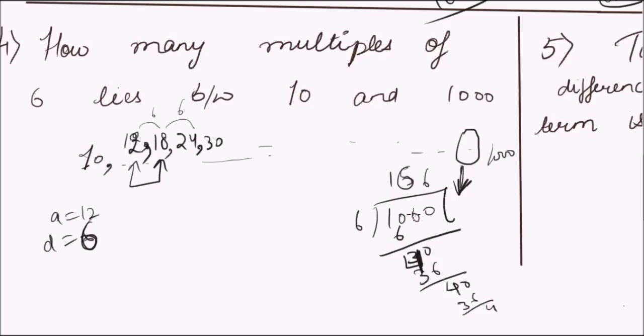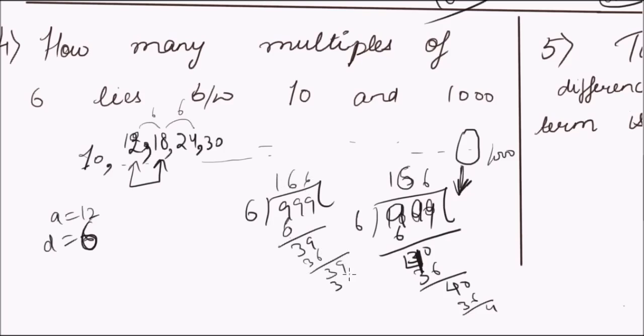Let us move a little bit lower, that is 999. If we check 999, the remainder is 3.